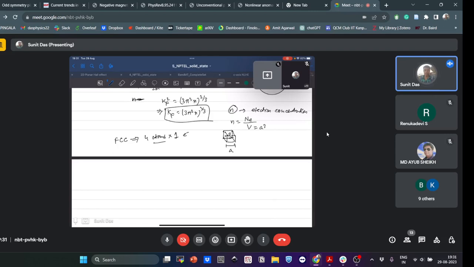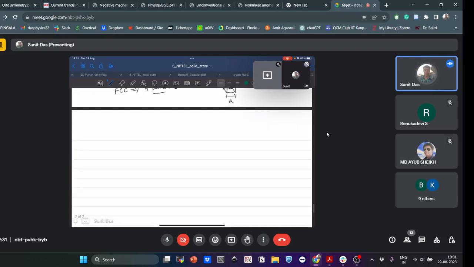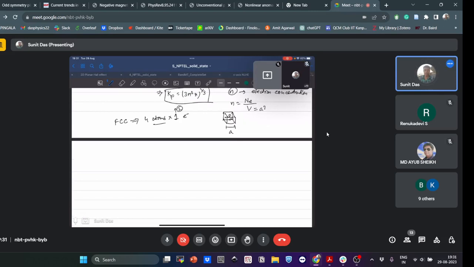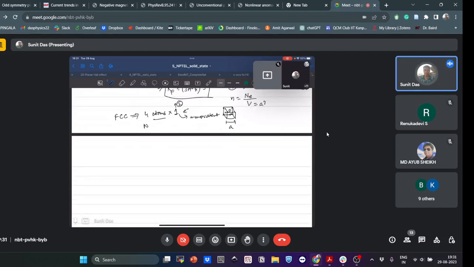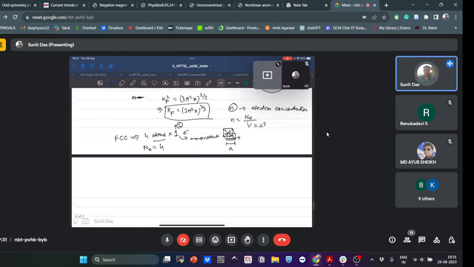Because this is given as monovalent. If it was bivalent, then it would have been 2. So the number of electrons in a unit cell contributing to the conduction is just 4. So we get n equals 4 by a cube.